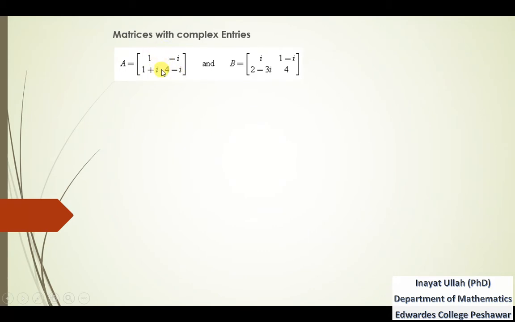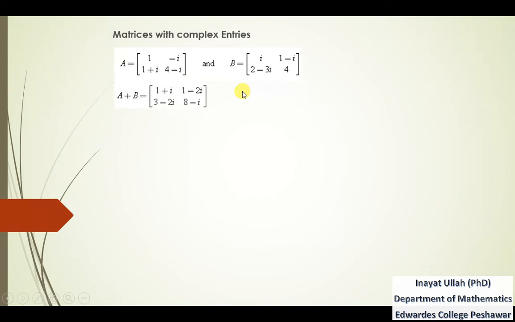B is another matrix whose entries are iota, 1 minus iota, 2 minus 3 iota, and 4. We see here that three entries of A are complex, and in B three are complex entries.